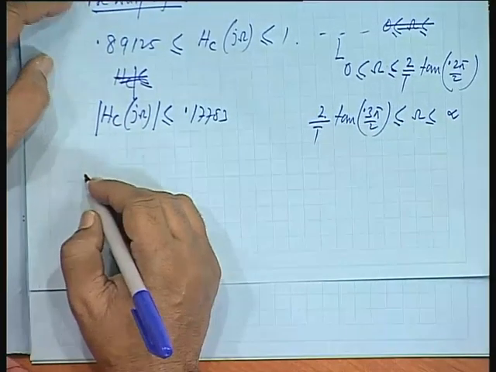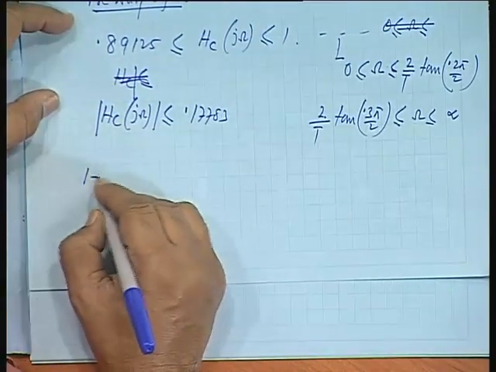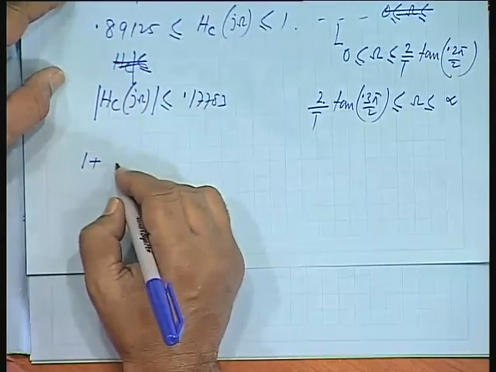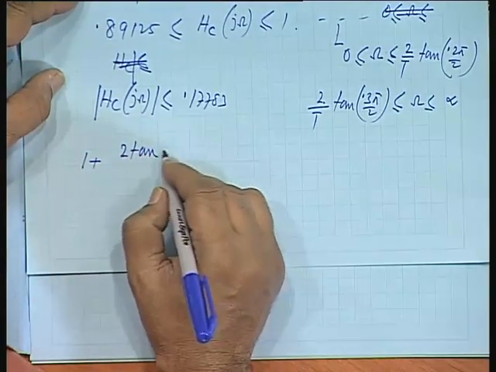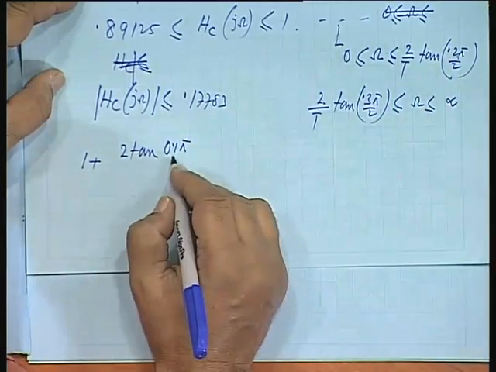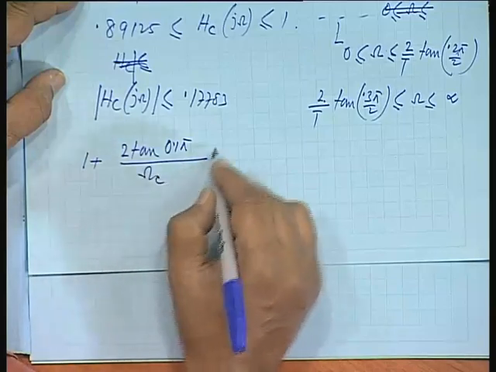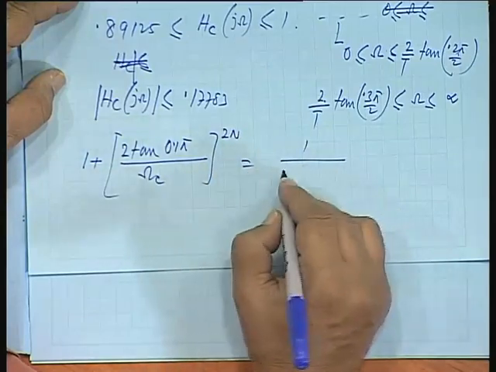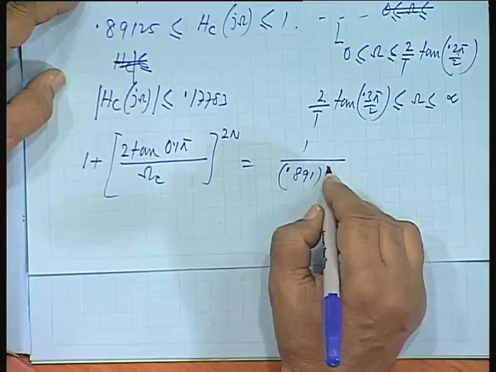So, let us convert this into equality equations. 1 plus 2 tan 0.1 pi, this is 0.1 pi by omega c to the power 2n, that should be equal to 1 by 0.891 squared.